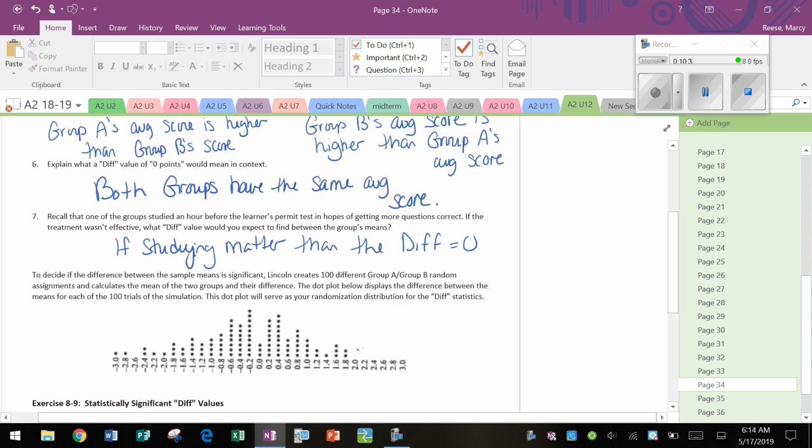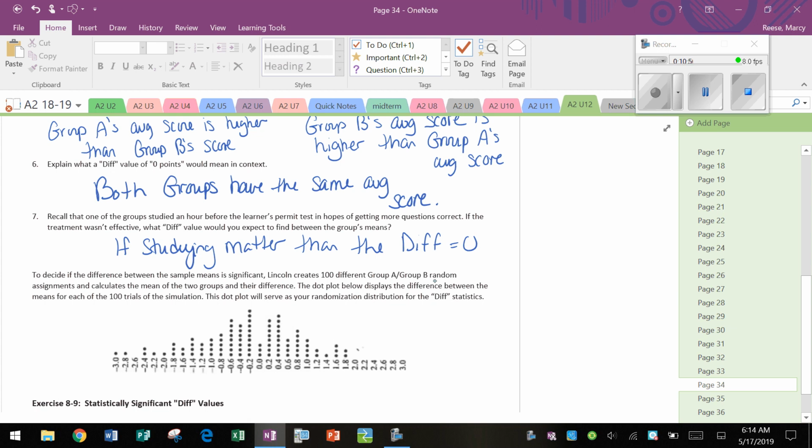So in order to do this, Lincoln creates 100 different Group A, Group B random assignments and calculates the mean of the two groups and their differences. Yes, he's doing a random sample here. A random assignment, and then does it 100 times.